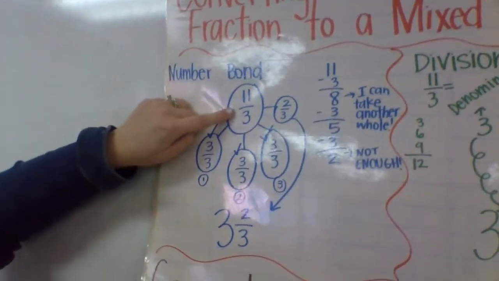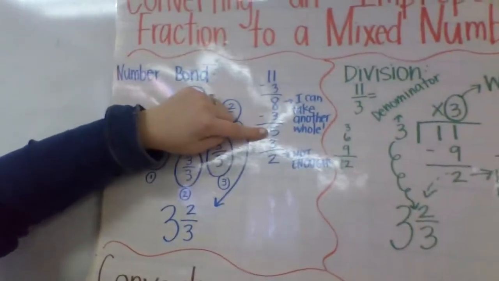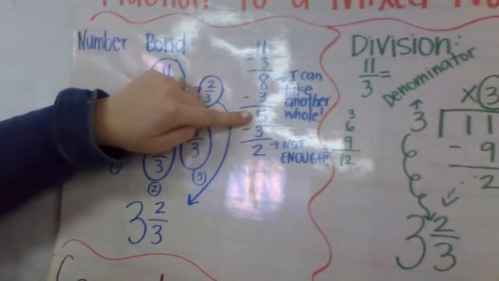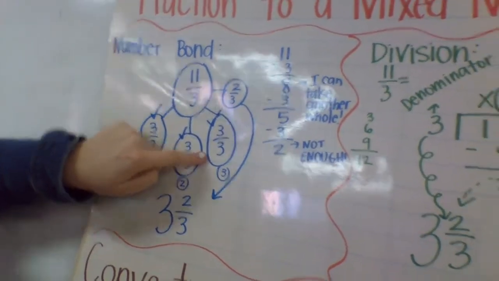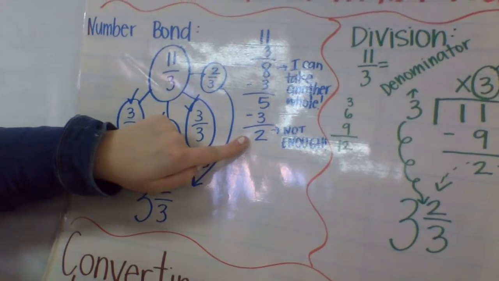So I had 11 thirds, I used 3 thirds, that took me down to 8 thirds. I used another 3 thirds, that took me down to 5 thirds. I can still take out 3 more, my third group of 3 thirds. So I had 5 thirds, I used 3 thirds, now I only have 2 left.